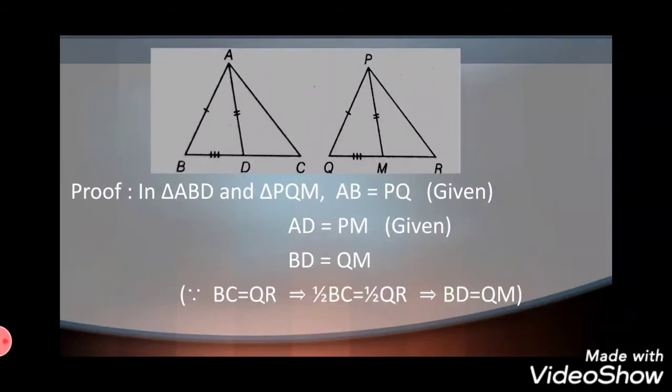We take half of both, that is half of BC equal to half of QR. Half of BC is nothing but BD and half of QR is nothing but QM. Why are both halves this? Because AD is the median of triangle ABC and PM is the median of triangle PQR. So a median divides the opposite side into two equal parts. So half of BC we have taken as BD and half of QR we have taken as QM.